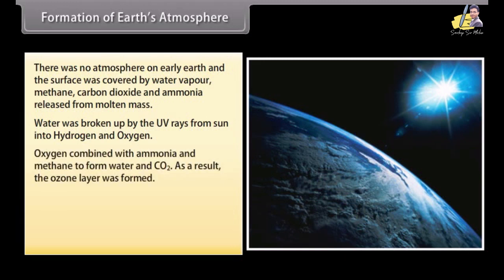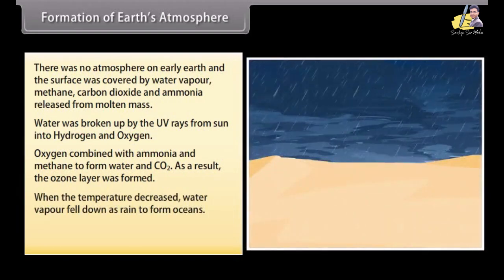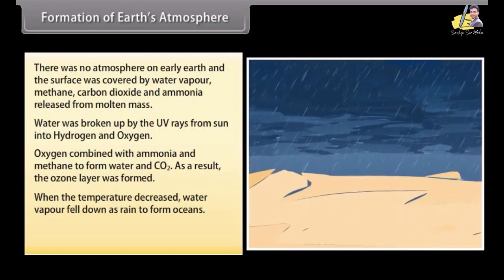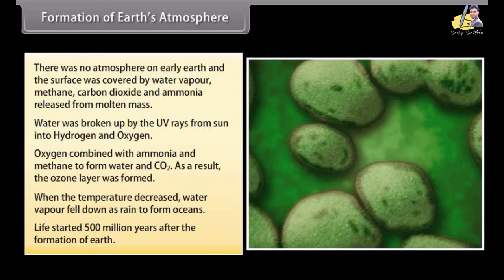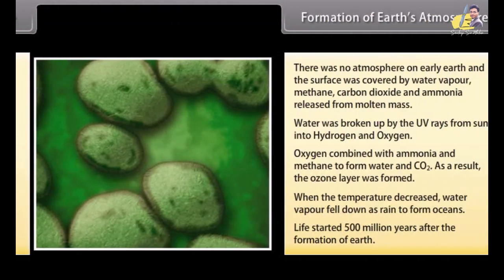Oxygen combined with ammonia and methane to form water and CO2. As a result, the ozone layer was formed. When the temperature decreased, water vapor fell down as rain to form oceans. Life started 500 million years after the formation of Earth.